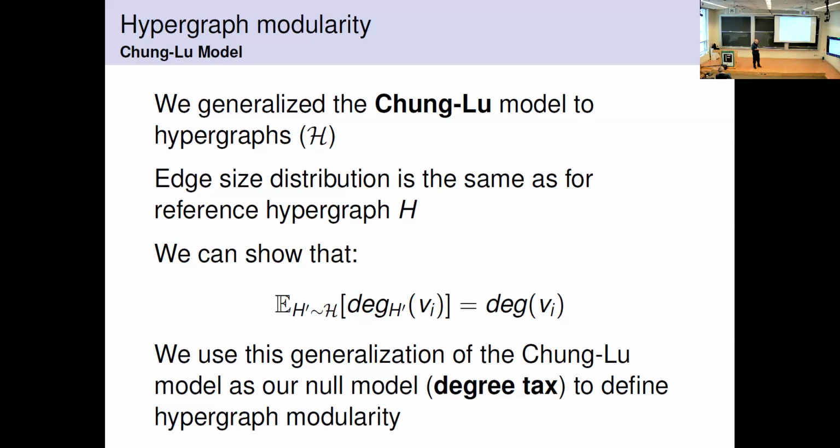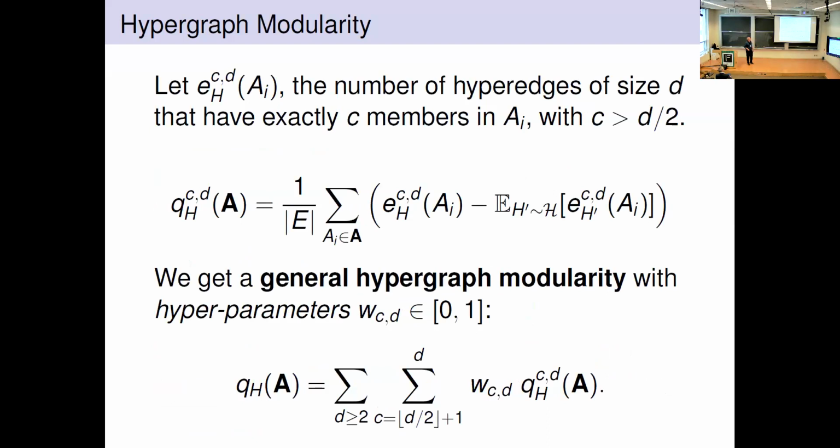So that's one of the new ingredients that needs to be added, but we can show that the expected degree under this family of random hypergraph models, the Chung-Lu hypergraph model, is the degree that we started with or that we want, okay? So this generalization of the Chung-Lu is going to be our degree tax for hypergraph modularity.